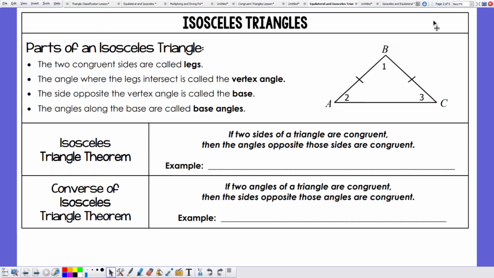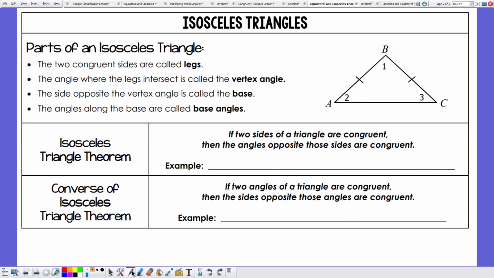Hello everyone. So, now we're going to dive a little bit further into the special properties of isosceles triangles. As we covered in the first problem, the two congruent sides of an isosceles triangle are called the legs.